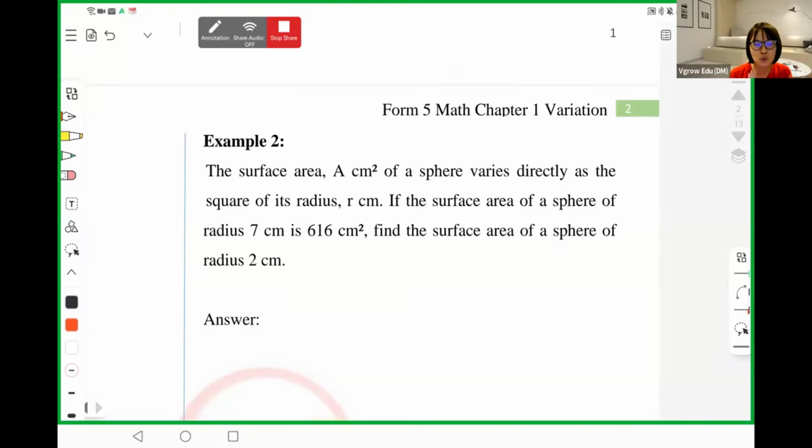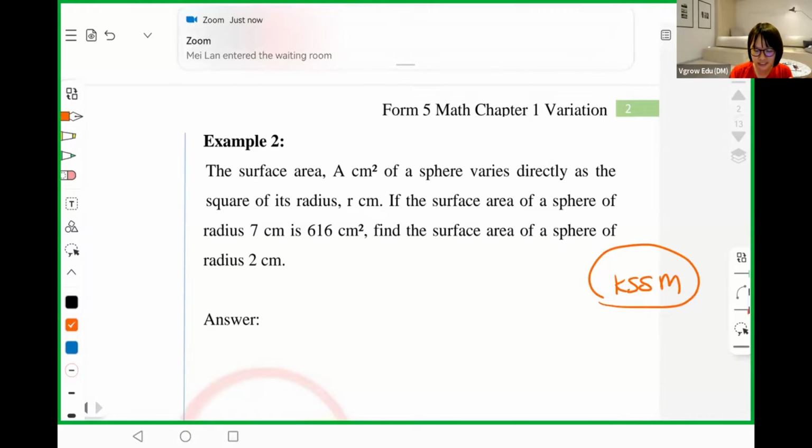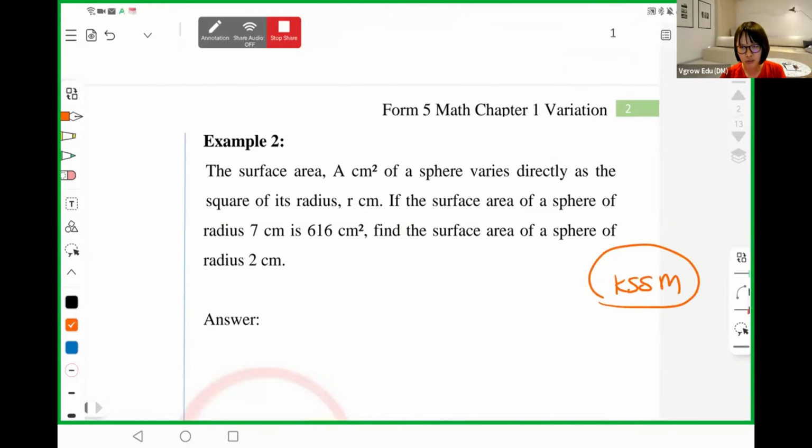I want you to have a very clear understanding that under the KSSM syllabus, paper 2 is so hard, right? Why do they say it is hard? Because they are asking about a long story with bombastic English words that we might not understand.